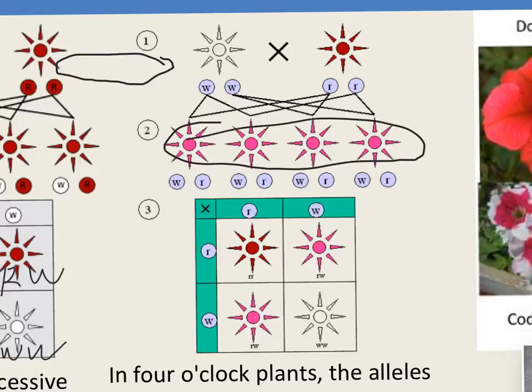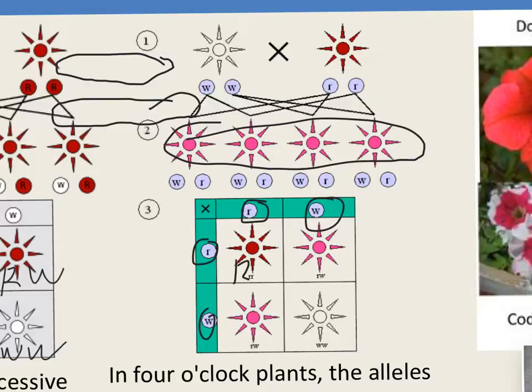Okay? And you can see who these F2 are. They're WR, WR, WR, WR. They're all heterozygous. Okay? So if we have, as we see here, an R and a W, and here we have an R and a W. When you have RR homozygous, that's red.